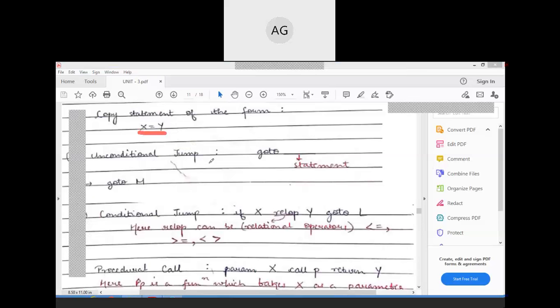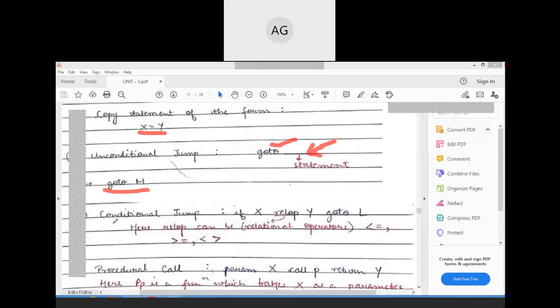In the case of unconditional jump, we use goto, and after goto we write the statement number or the statement name where we need to go, for example, goto m. So after this statement we need to proceed to the m statement.